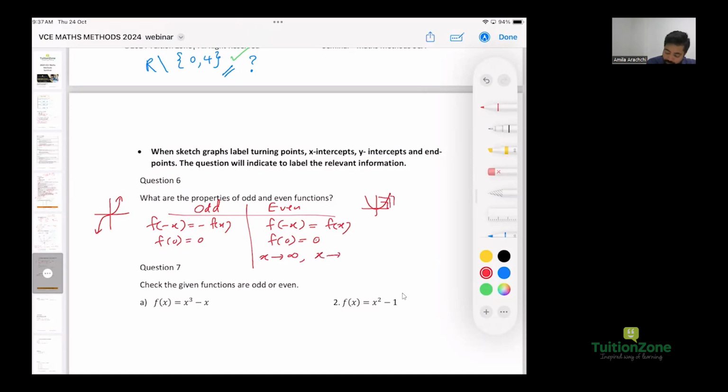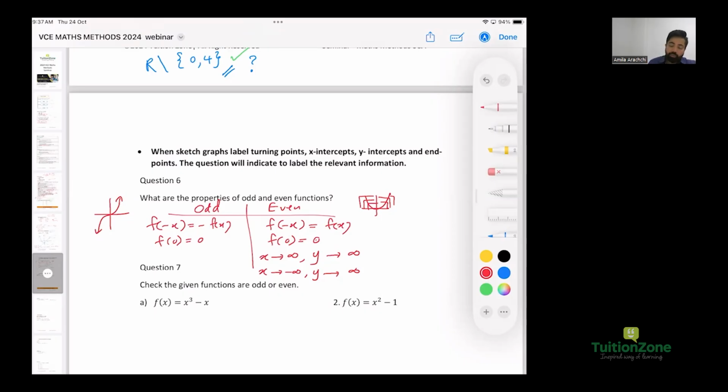Y also goes to positive infinity. And when x goes to the negative side, y still goes to positive. Can you see it's still increasing? Those are the features of even functions.